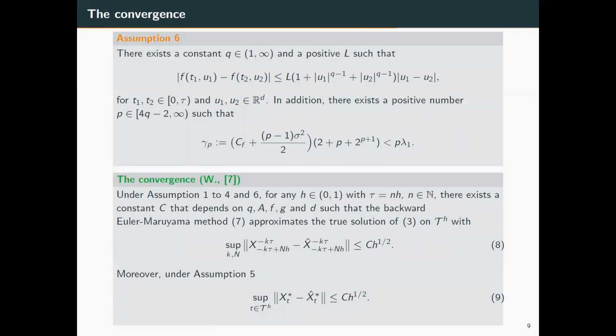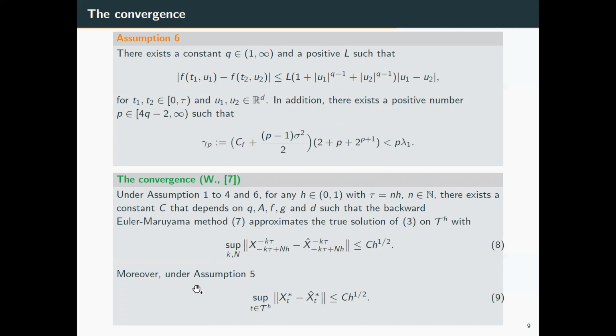And then we look at the convergence. For this, we need an extra assumption which characterizes the continuity of f in the spatial variable. Then under assumptions 1 to 4, we can show the backward Euler-Maruyama method converges to the true solution starting from -kτ with order half.